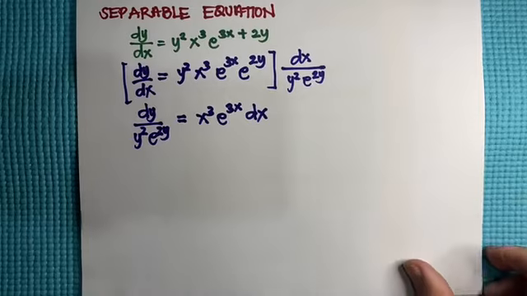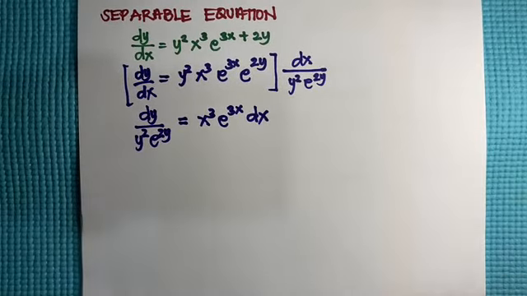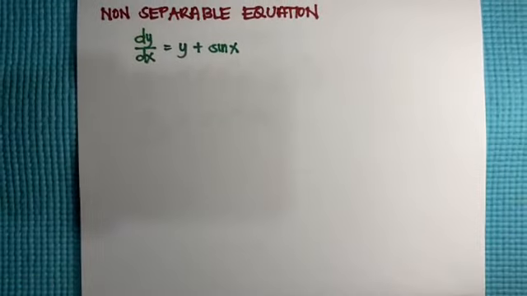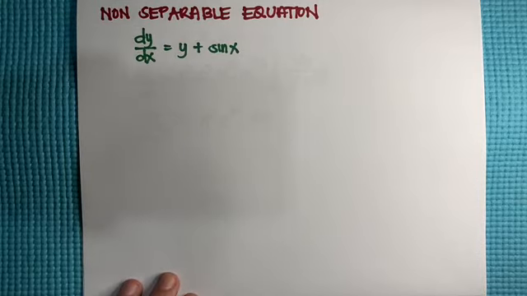There are cases where it would be difficult to separate a given differential equation, or it is not really possible to separate such an equation. For example, this one, we have dy over dx, which is equal to y plus sine x.